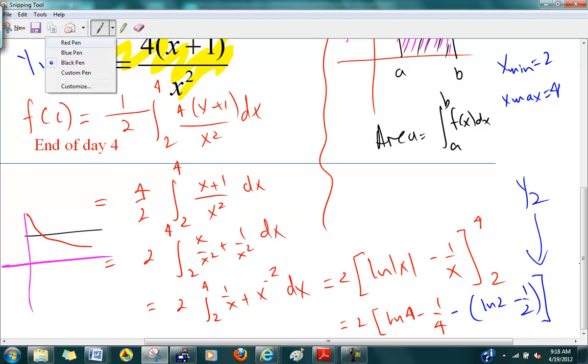So this is 2, this is 4. You guys know how to do that? Finding the area underneath the curve? And then you'll do the same thing for the black curve, and tell me what you see.